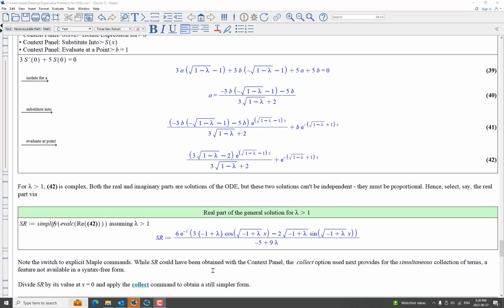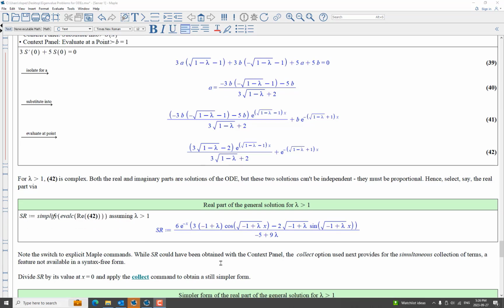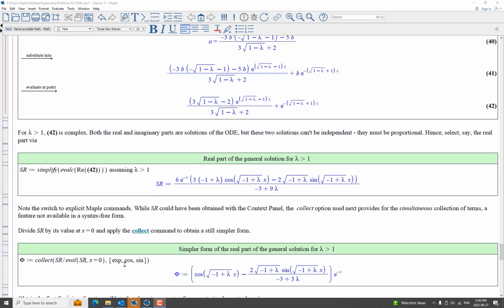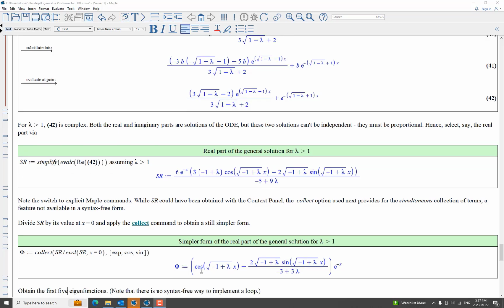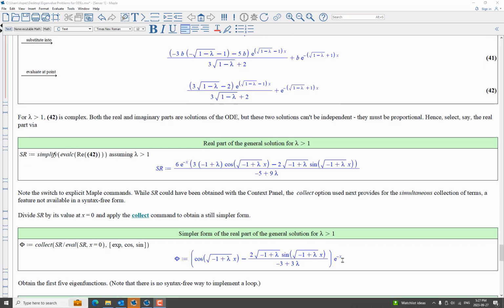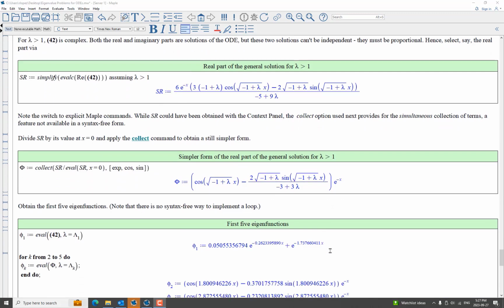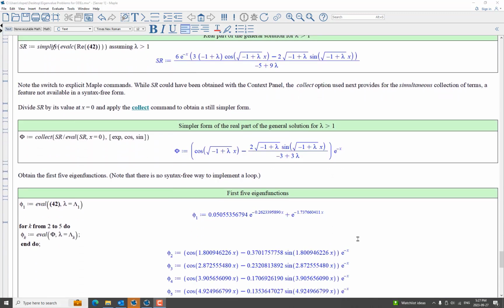And I'm going to switch to explicit commands because they're a little bit more efficient. The collect option only collects one function at a time. If you use the command, you can put a list of functions you want to collect against. It's more efficient. So this is the real part in a more simplified form. Now I want to do a loop that prints out the first 5 eigenfunctions.